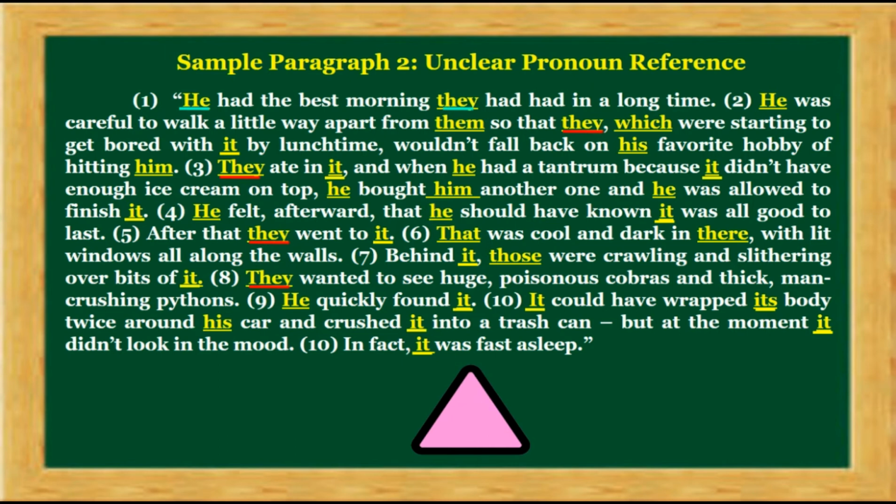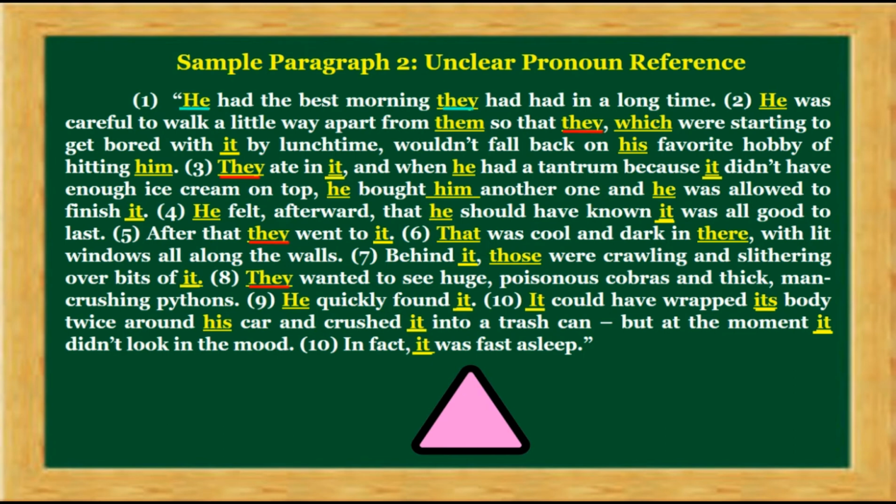If he in sentence 1 refers to Harry, it is Harry in both cases who is having a good day, so the pronoun he should be used instead of they.